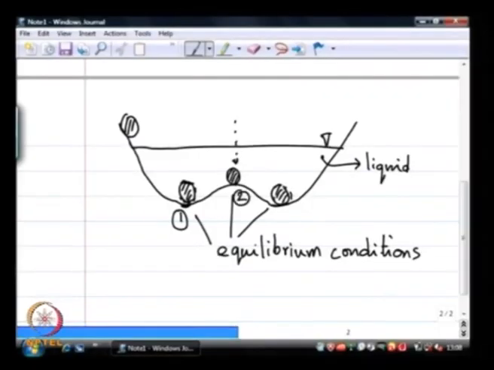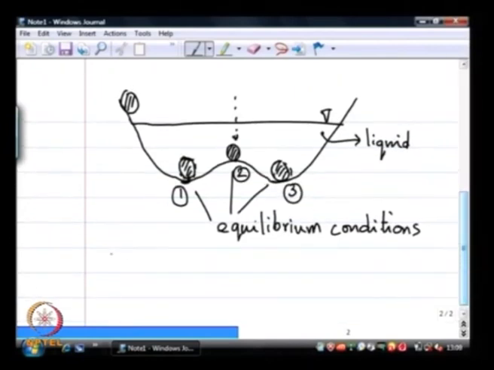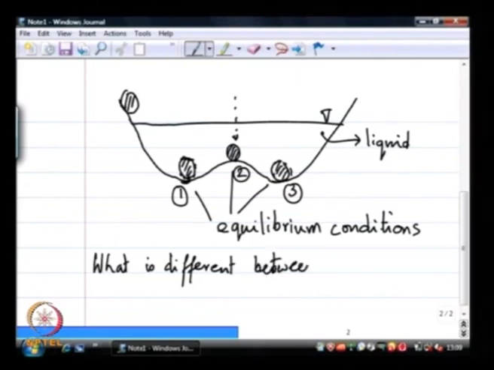The fundamental difference is that I will number these equilibrium conditions as 1, 2, and 3, and I am asking this question: what is different between 2 and 1? I am going to leave 3 out because 3 is the same as 1 for now. Okay.